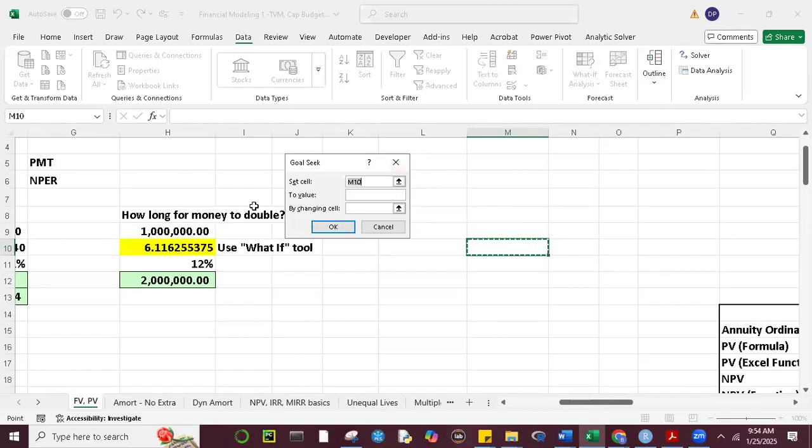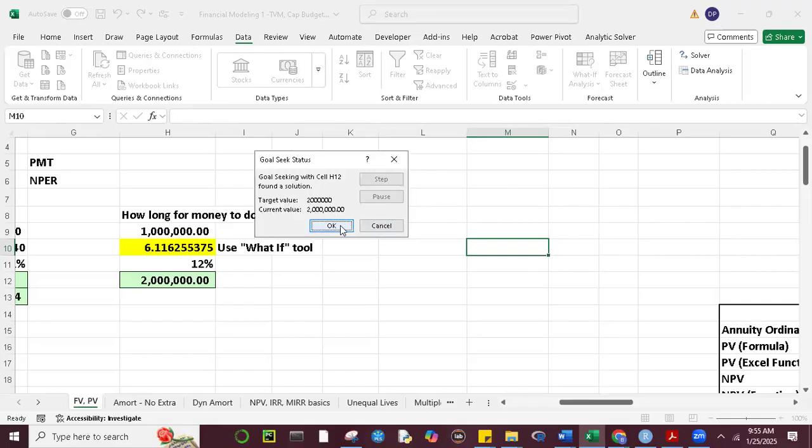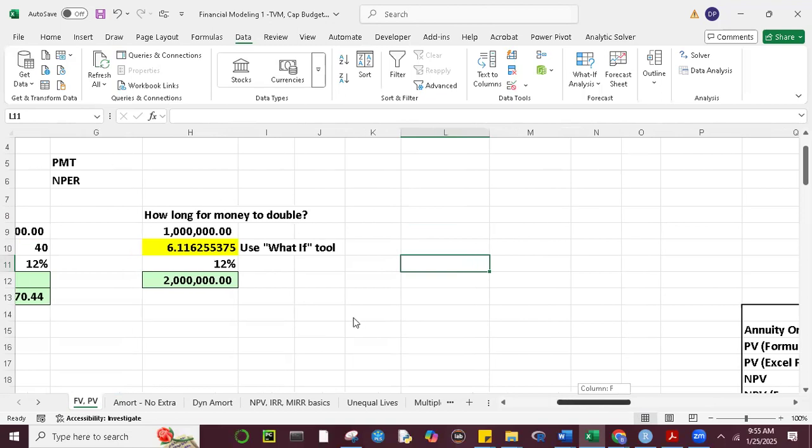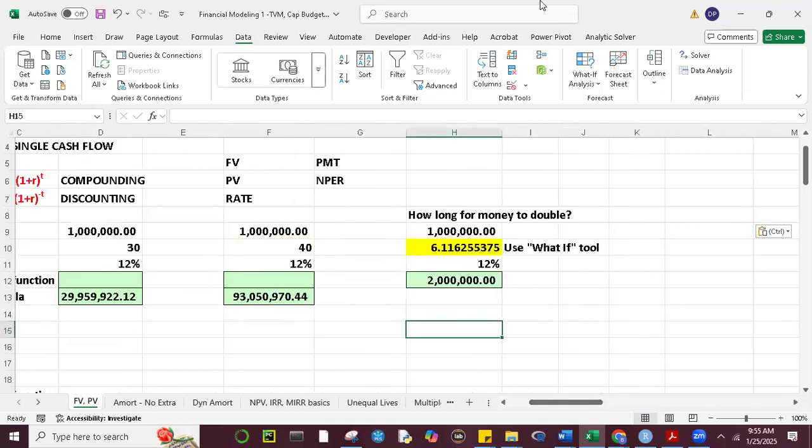Okay, again, set cell. Set cell is this one to 2 million, by changing this cell. Okay. Control C. Control V. What's the command for? Okay, anyway.